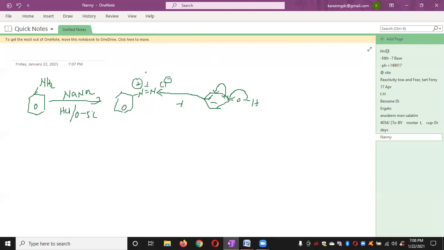This bond shifts here, and it will become like this. So that positive charge will disappear. This nitrogen will attain a lone pair of electrons, and this nitrogen also has two lone pairs of electrons. And now a new bond is formed between this nitrogen and here.